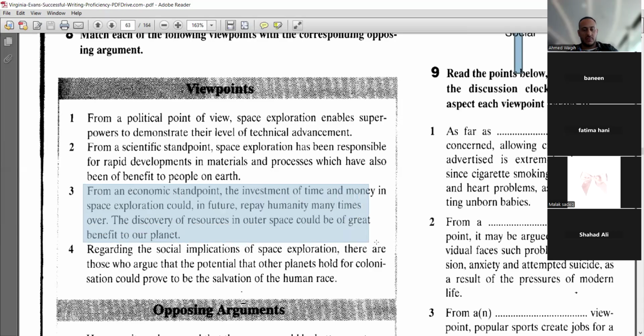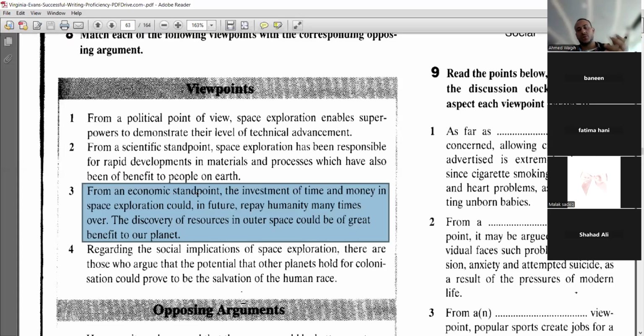Let's read this. From an economic standpoint, or from an economical point of view, this is how to form your sentence using the discussion clock or the 5 lenses. The investment of time and money in space exploration could, in the future, repay humanity many times over.